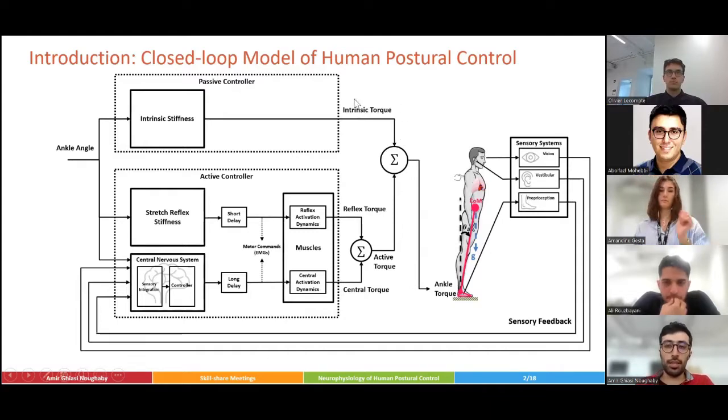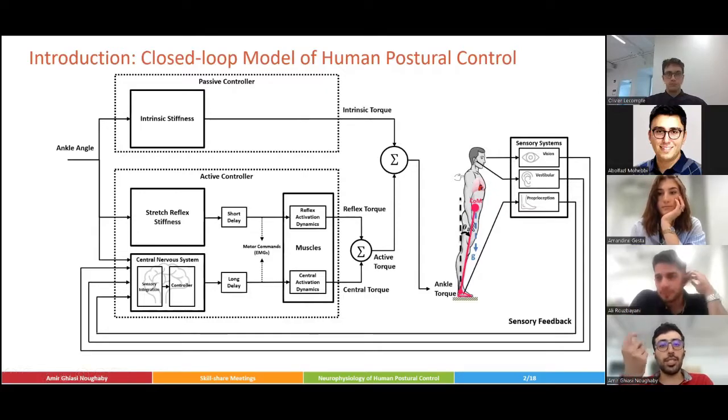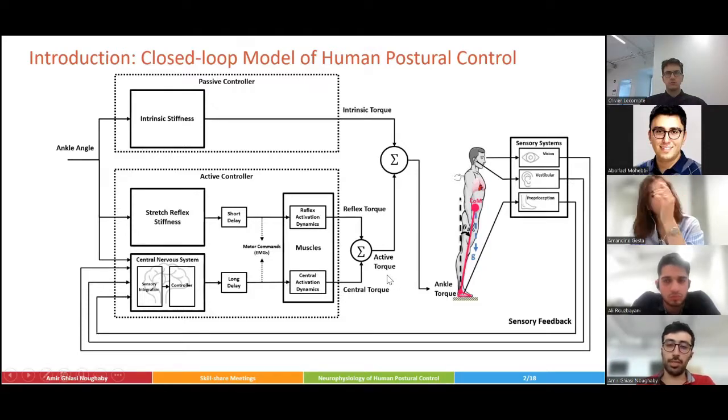The intrinsic torque is due to the intrinsic stiffness, the inherent resistance of the joint to deviation and movement. And the active torque itself combines two parts: reflex torque and central torque.